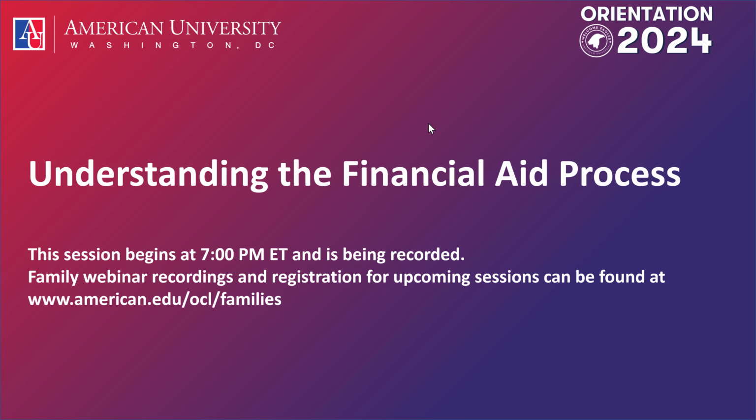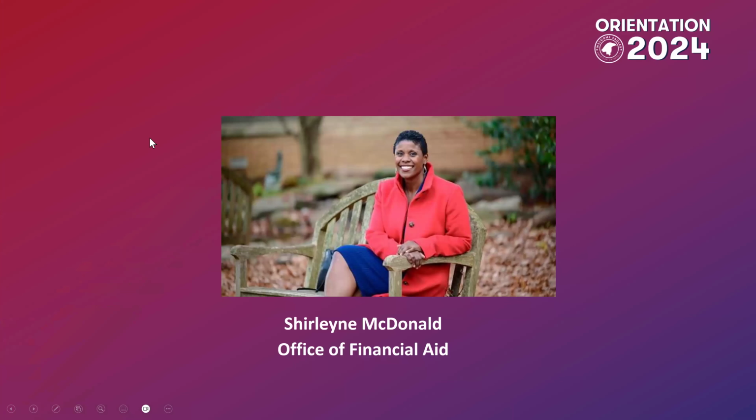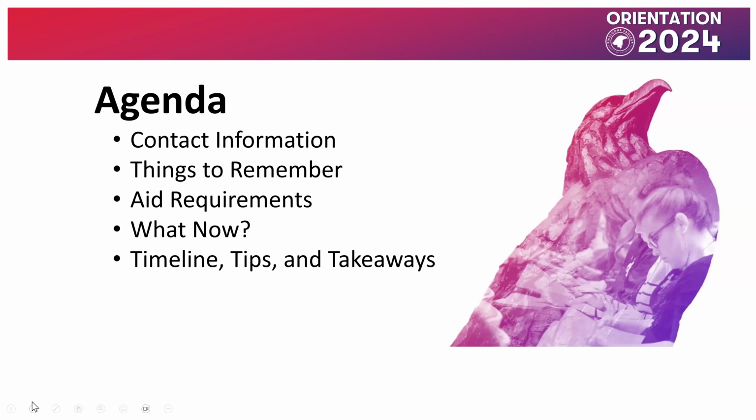And so without further delay, let me go ahead and see if I can. There we go. I just introduced myself. I'm Shirlene McDonald. I'm a director in the financial aid office. Today, we're going to cover how to get a hold of our office. Super important. Everyone at American University has an assigned financial aid counselor.